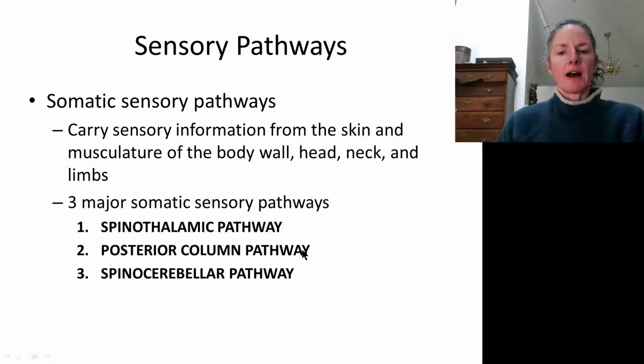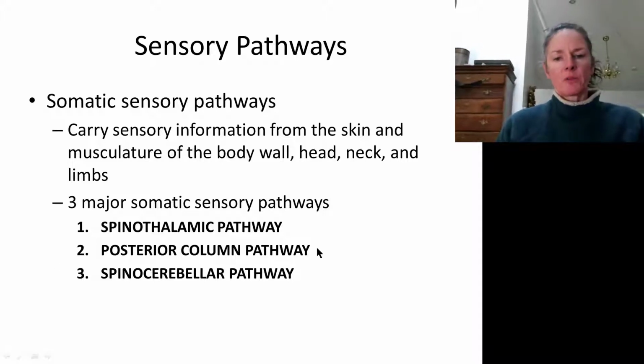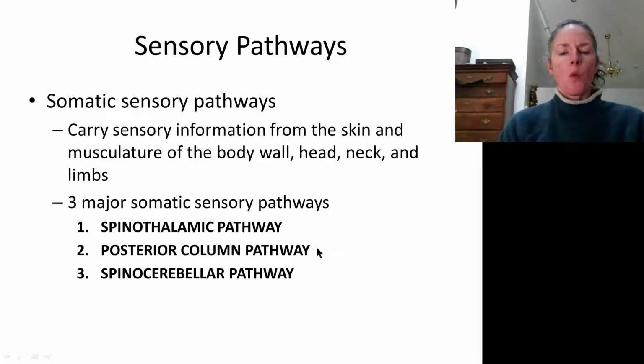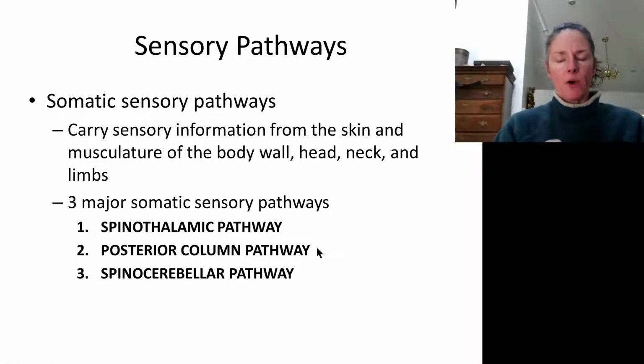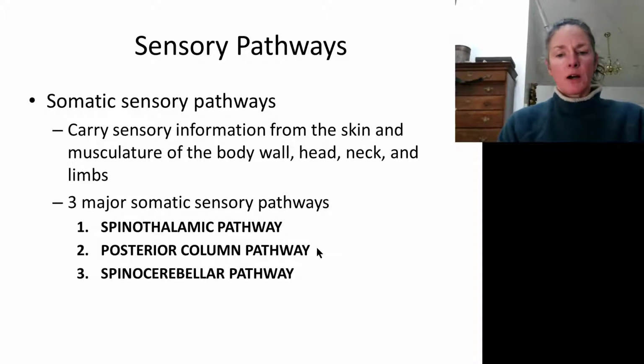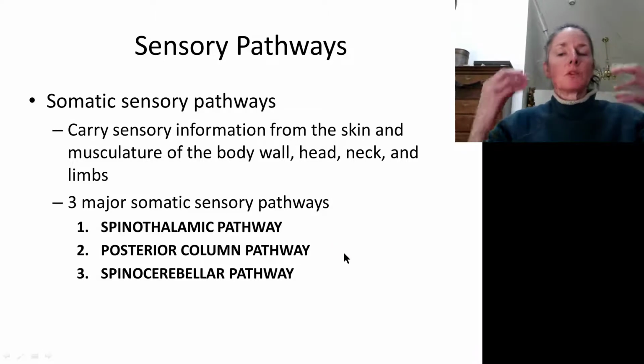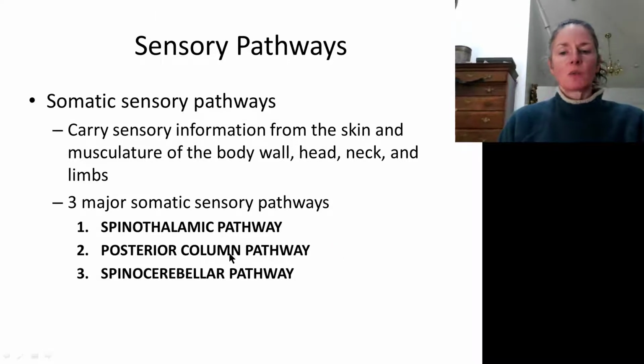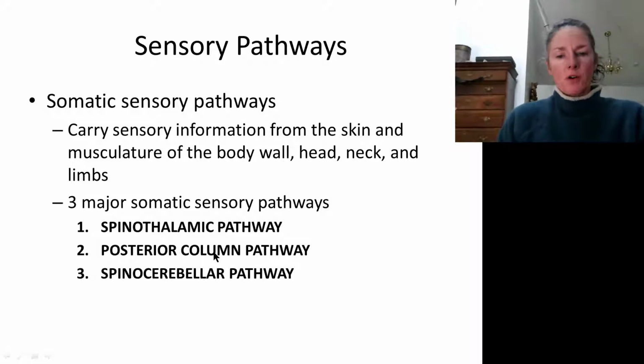Now, the second pathway is called the posterior column, sometimes known as the posterior column medial lemniscus pathway. And this is going to have axons that will be traveling in the white matter tracts, the posterior part of the spinal cord, and these are called the fasciculus cuneatus and fasciculus gracilis. And we've seen the nucleus cuneatus and nucleus gracilis in the medulla oblongata, and indeed, this is where these first-order neurons will synapse.